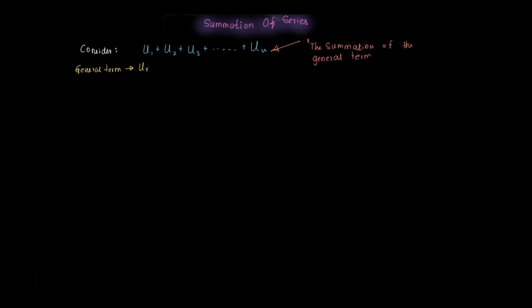So let me write that down. From R is equal to 1 to R is equal to N. It is for this specific summation, all right? In other words, the summation from U1 to UN.